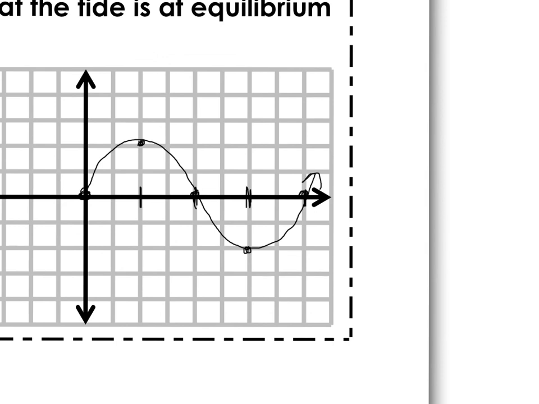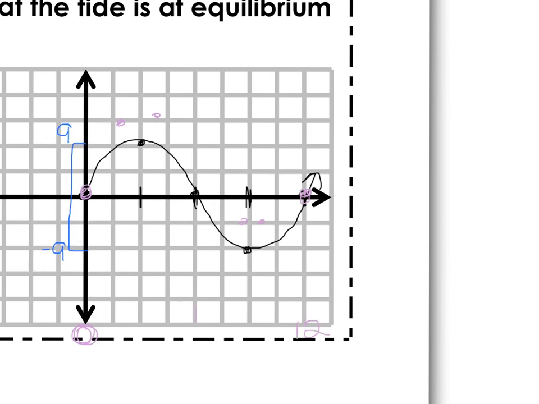All right, the first piece of information we're going to use is the fact that the total height from here to here should be 18. So our max value is 9 and our low value is negative 9. Now let's use the fact that one whole cycle is 12. So the distance from 0 until I repeat the cycle, one way of looking at this is a sad face and a happy face, is a distance of 12.